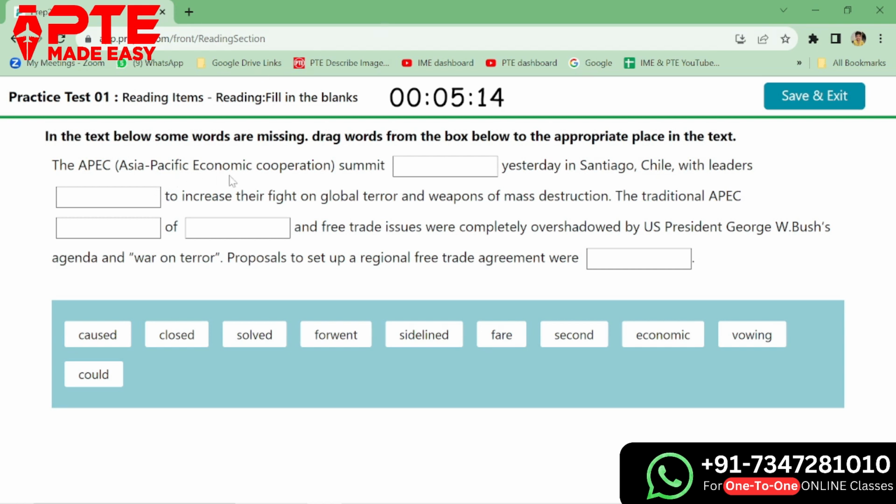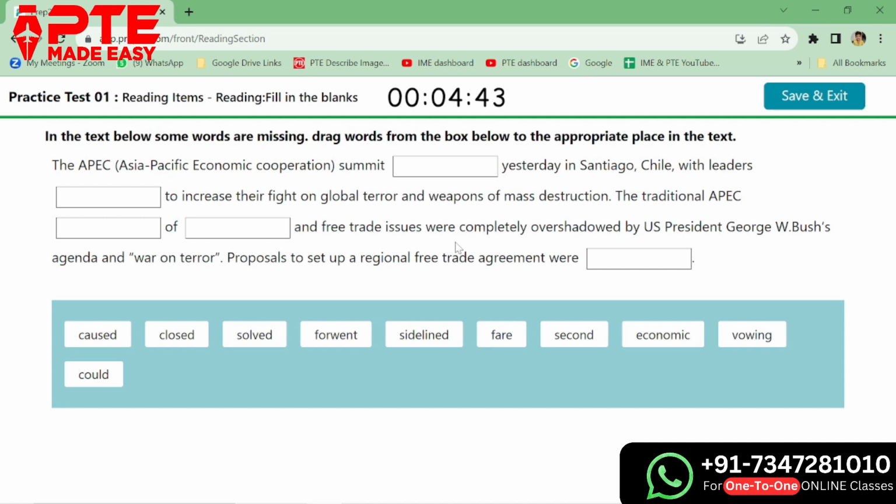The APEC Asia Pacific Economic Cooperation Summit dash yesterday in Santiago. What happened? So dash yesterday in Santiago. Okay. So it was, we need to find the correct answer here. Summit closed yesterday. Okay. Chile with leaders dash to increase their fight on global terror and weapons of mass destruction.